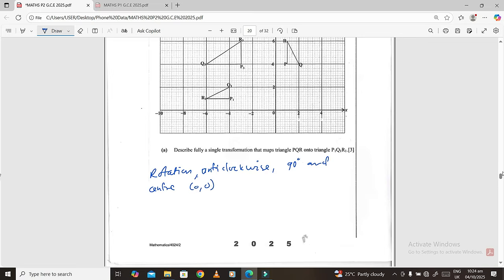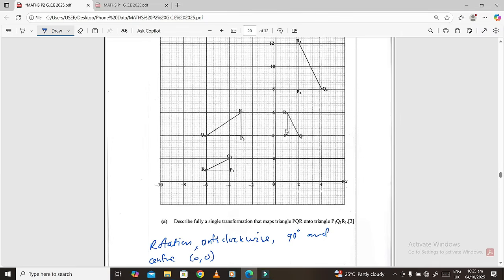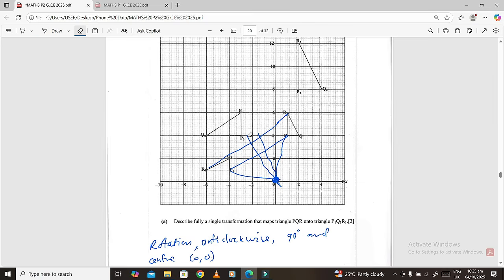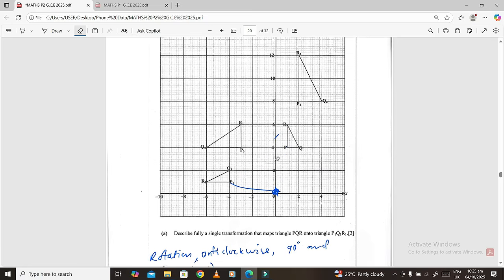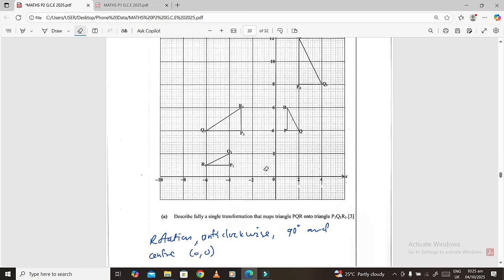Mostly what you normally do here is you get your ruler, join two corresponding sides, and after joining you bisect this and this, so you find that there will be a line going to the center and another line cutting this one to the center. Where they meet, that is the center of rotation. And then to find an angle, you draw a straight line from one point to the other corresponding point, and then you use the protractor to measure the angle. That's what you normally do. So that's it. We now go to the next question.